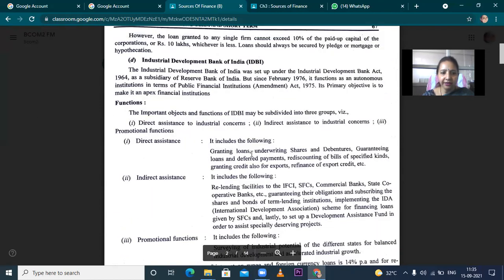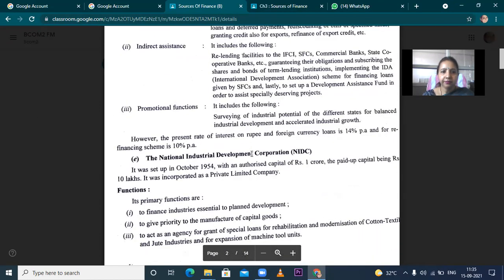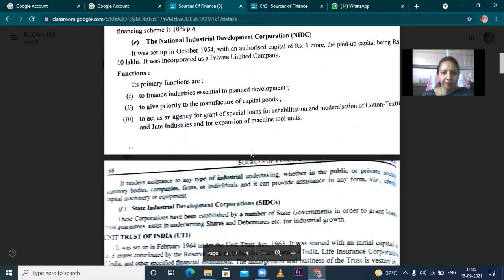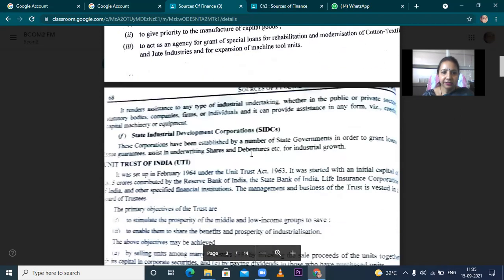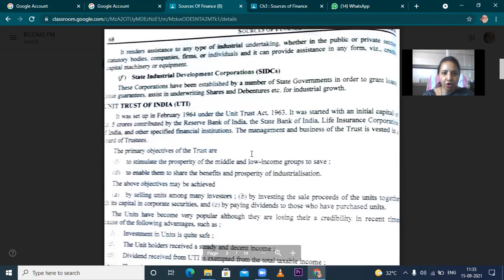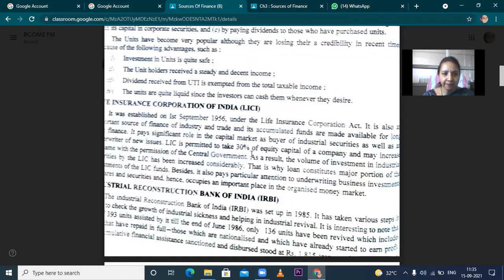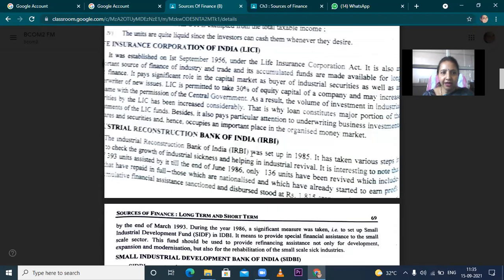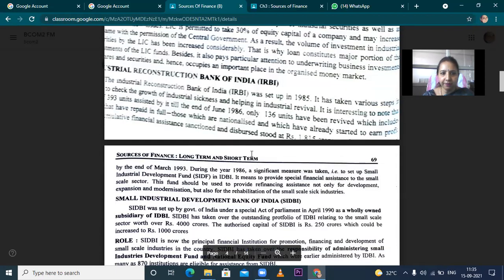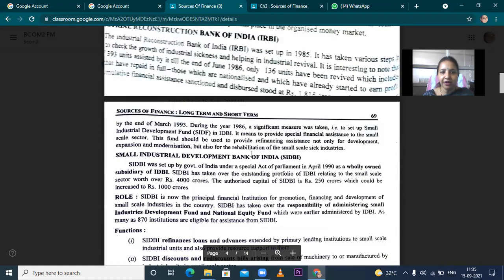Then IDBI, National Industrial Development Corporation, then State Industrial Development Corporation, UTI, then LICI, IRBI, that is Industrial Reconstruction Bank of India. From these particular institutions, you can arrange for your finances.